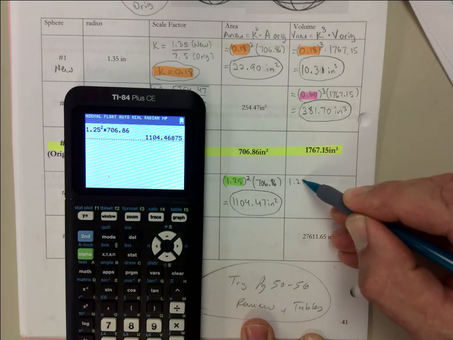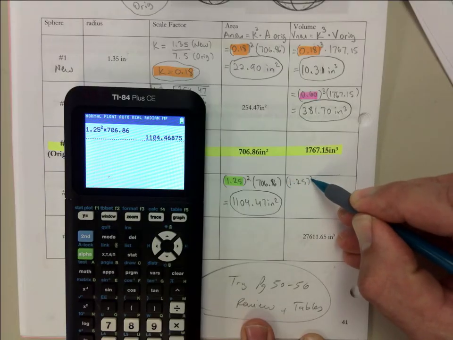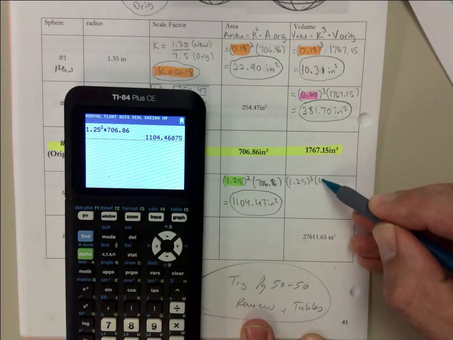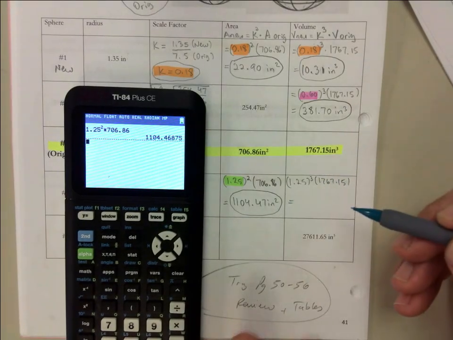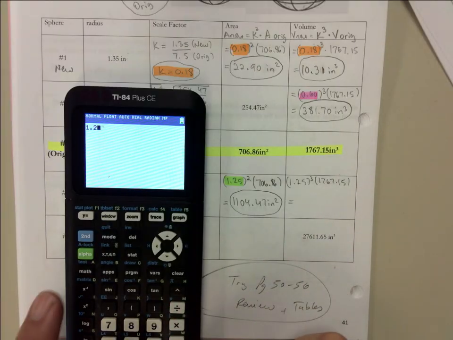It's for the volume. Okay? I'll take the scale factor that is given, cube it, 1767.15, like that, and voila, right?